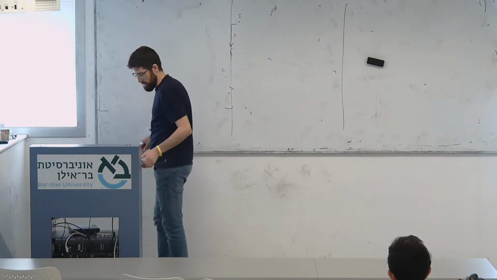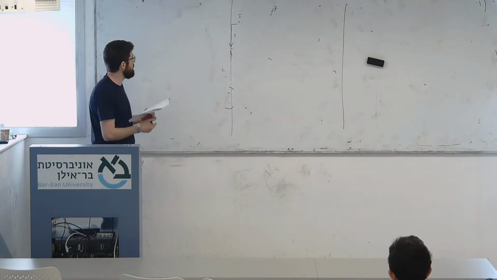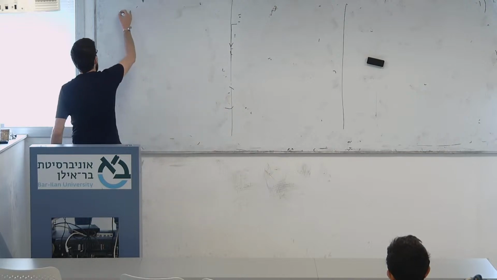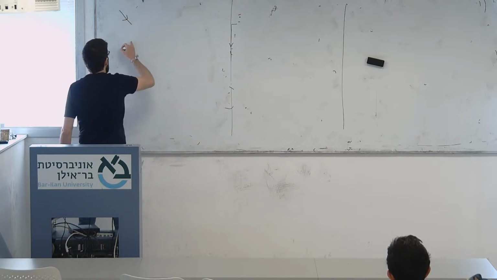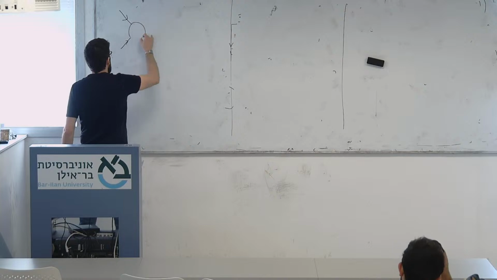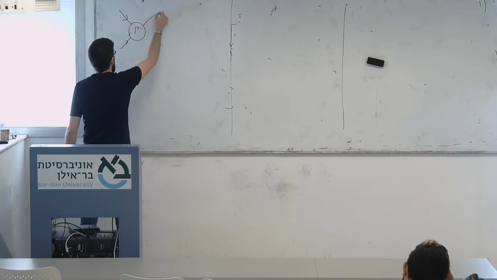So what happens is that if we think about the scattering process, imagine that you have two electrons entering a vertex, gamma, and coming out.